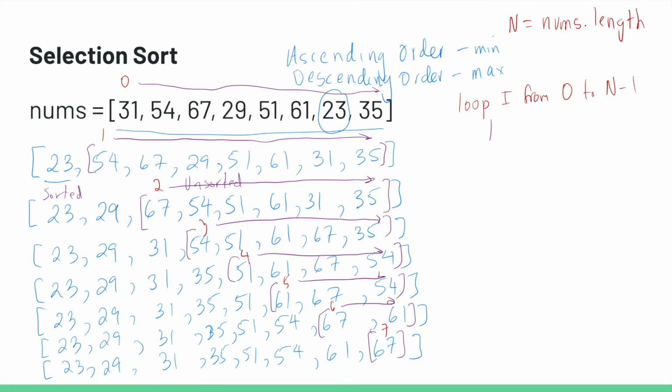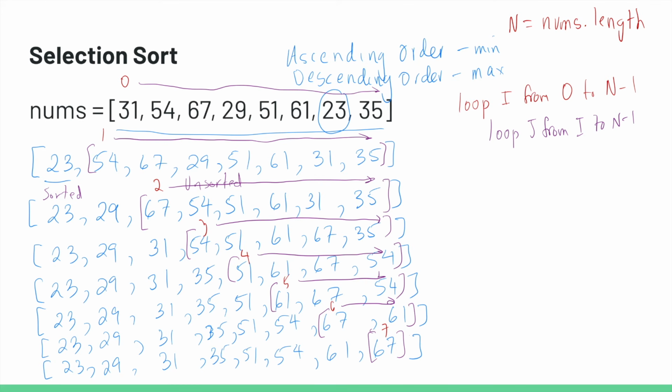So inside that, every time I changes, we need a loop j from I to n minus 1. So for example, when I is equal to 1, then j is going to go from 1 to n minus 1. Actually, we'll use some different colors to make it really clear.